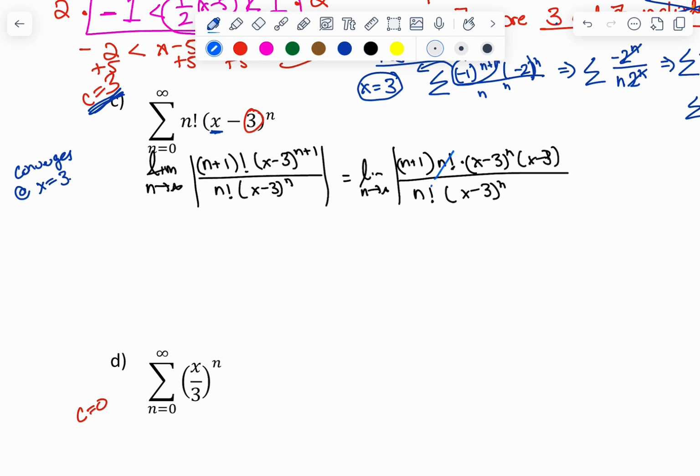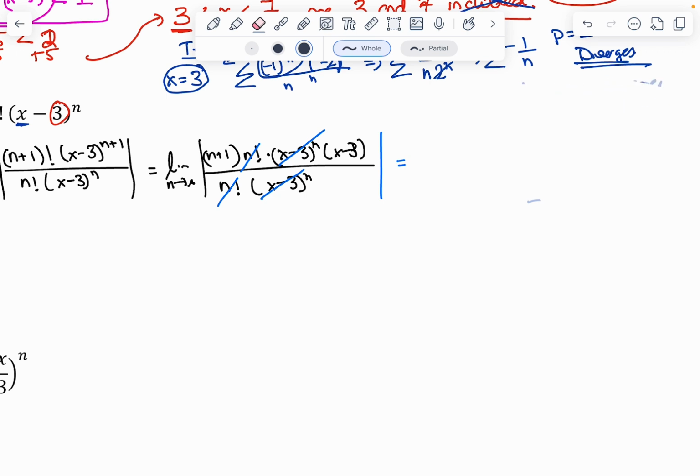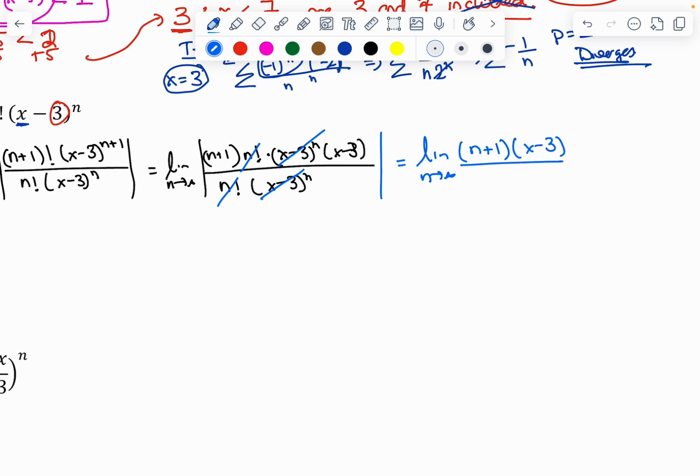So the n factorials cancel out, (x minus 3)^n cancels out, and you are left with the limit as n approaches infinity of (n plus 1) times (x minus 3), all of that over 1.